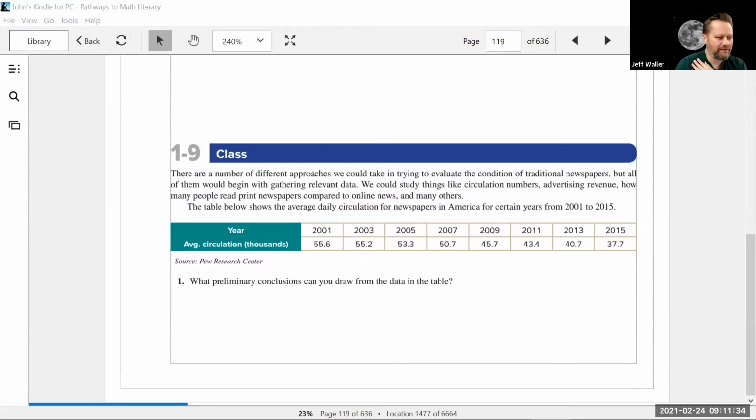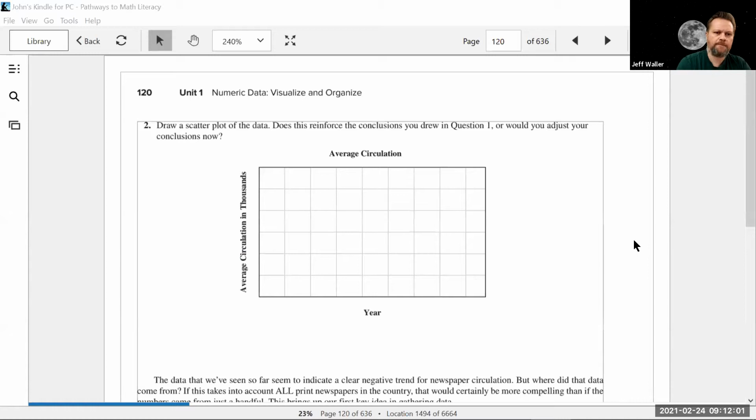All right, now let's focus. Everybody focus. Can you see a trend in this data? It's decreasing. Yes, so the circulation, which means the number of subscriptions basically, has been going well down over time, which makes sense. Okay, so that's a preliminary conclusion we can draw, is that the number of newspapers out there being subscribed to has gone way down.